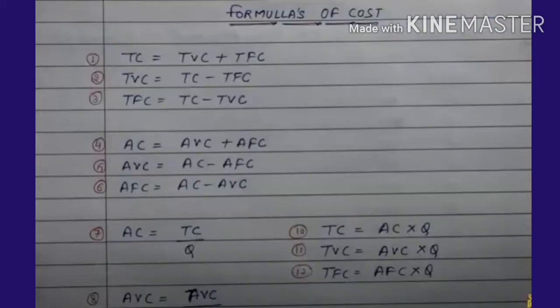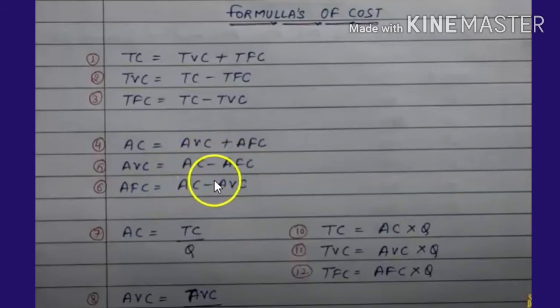Just see the formulas. How will you calculate these costs? TC is calculated as TVC plus TFC. TVC equals TC minus TFC. TFC equals TC minus TVC. AC equals AVC plus AFC. AVC equals AC minus AFC.